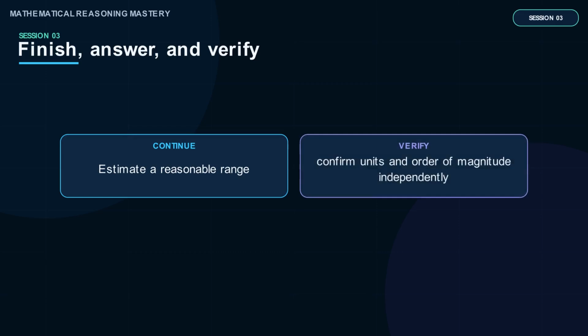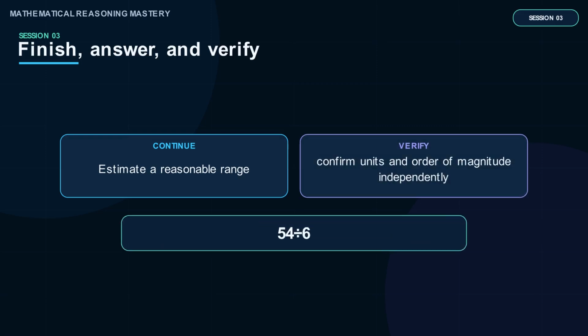State it with any required units, interval notation, or restrictions. The final answer is 54 divided by 6. Compare it with the exact target and reject any choice that represents a common intermediate step. Verify from another direction. Confirm units and order of magnitude independently. The check should use evidence independent of the original calculation whenever possible.